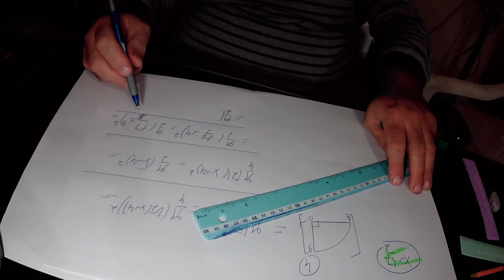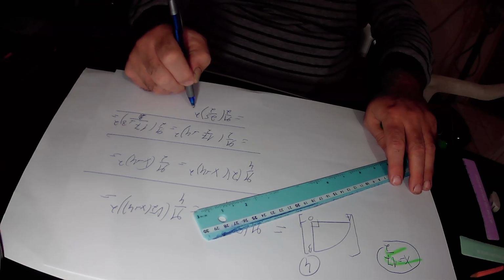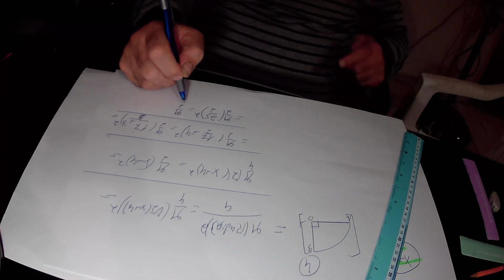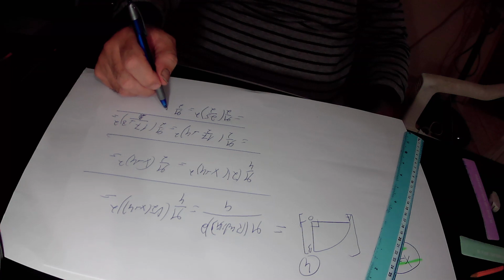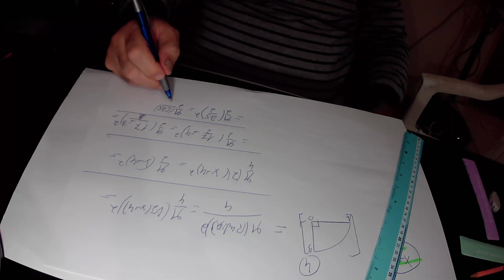Inside the brackets we have 17 plus 8, that is 25 over 2, squared. So it is pi over 2 times 25 squared, that is 625, over 2 squared, that is 4.